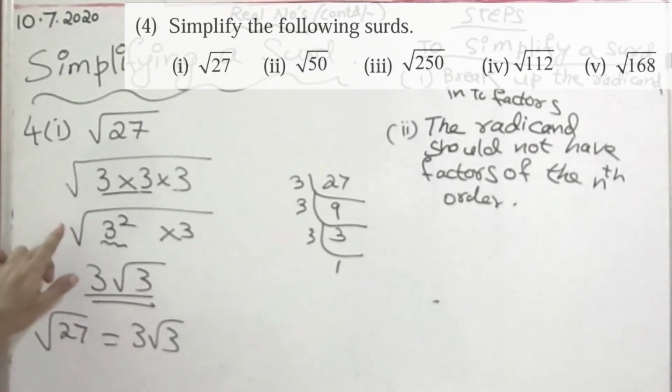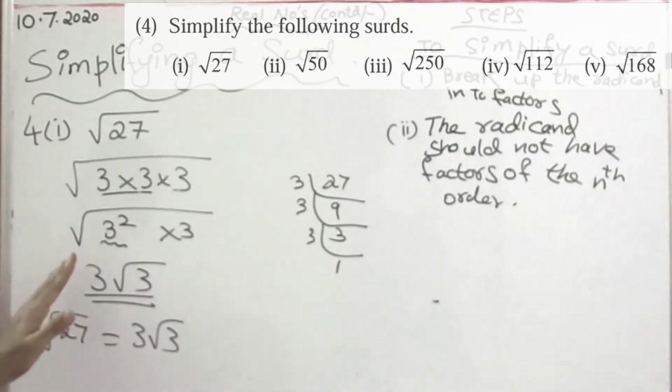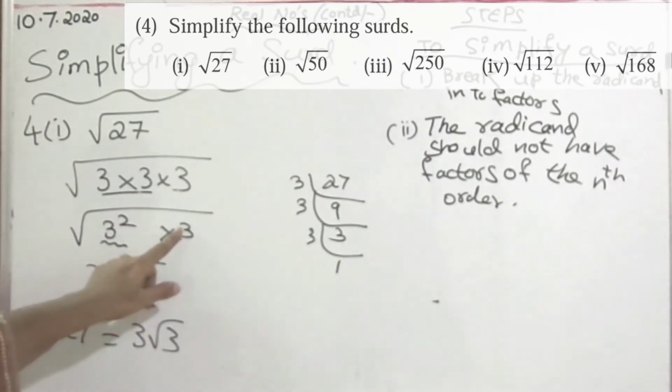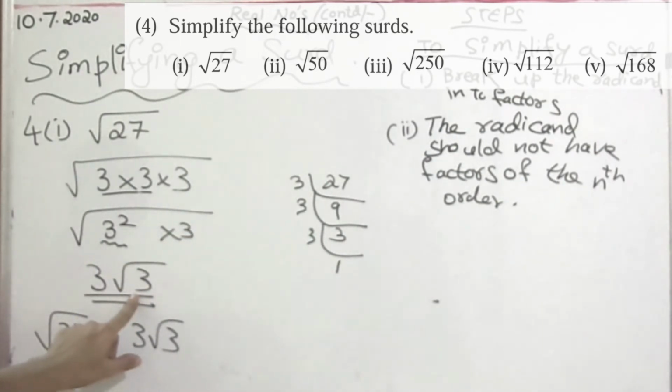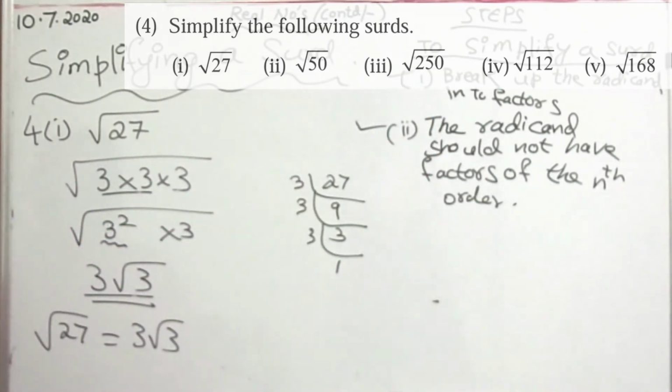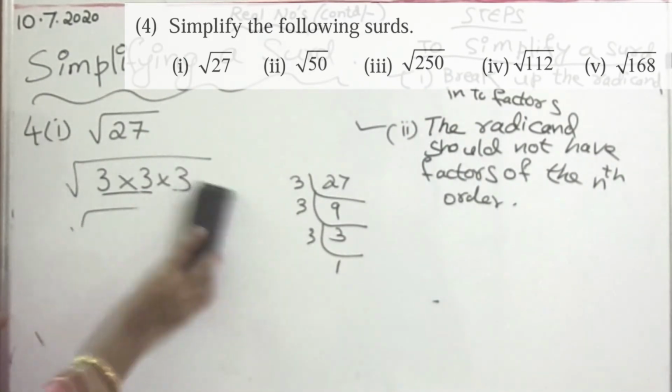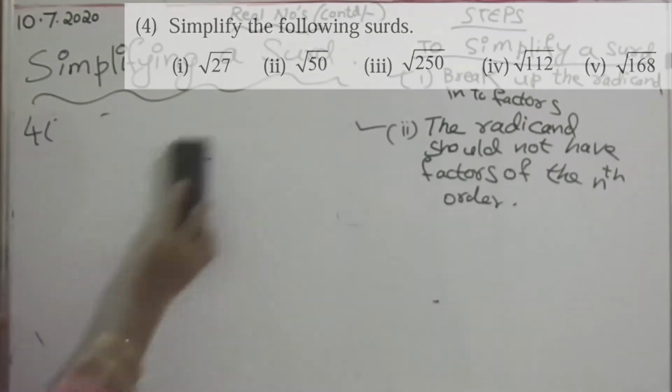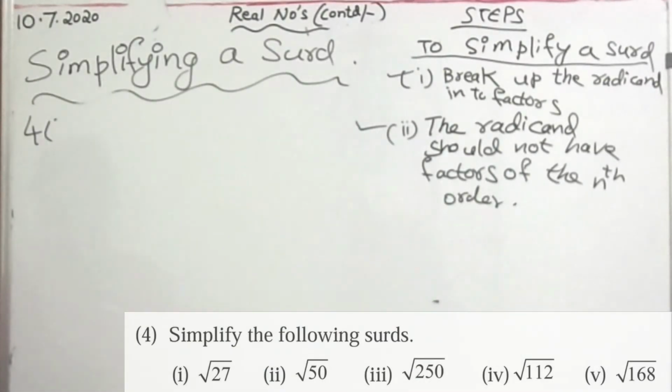When the root and the power are the same, you can remove it. So 3 gets removed and the lone 3, the irrational number, remains here. So it is simplified into 3 root 3. Now we have satisfied both conditions: the radicand should not have factors of the nth order. It will become clearer as we continue doing one sum after another. Second sum is 50.